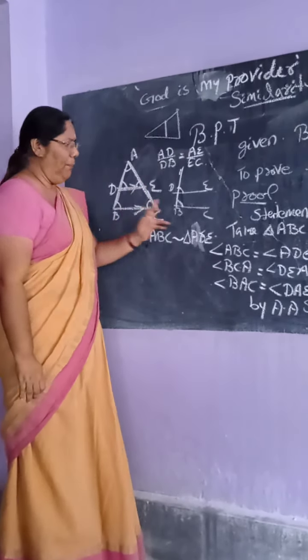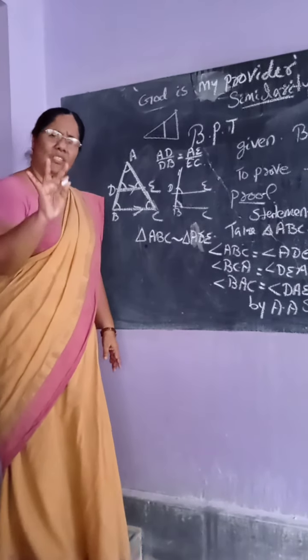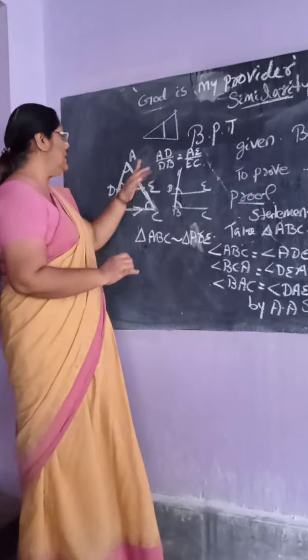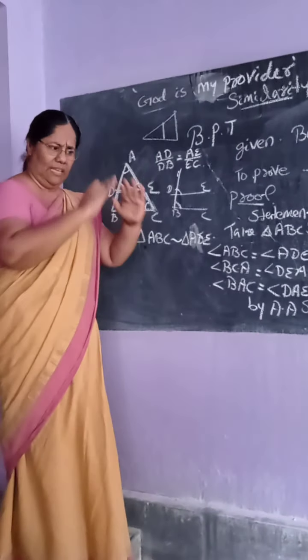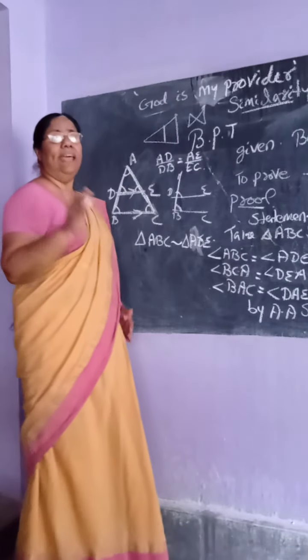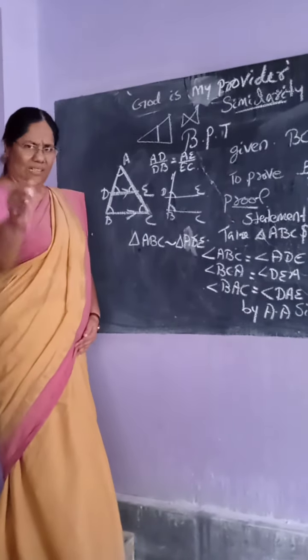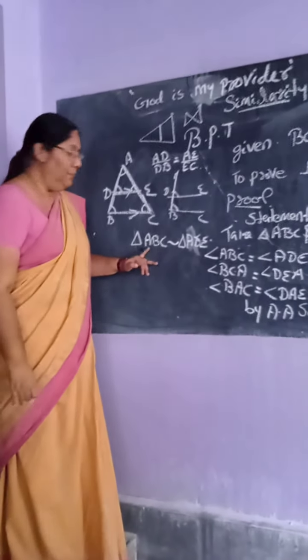Here also you can apply the same steps. Actually there are two types of questions. One is this one, the basic proportionality theorem. Otherwise, intersecting lines are there, where we use alternate angles and vertically opposite angles.